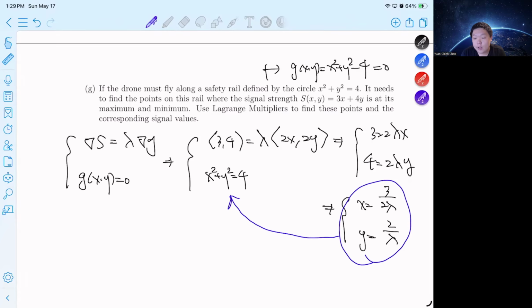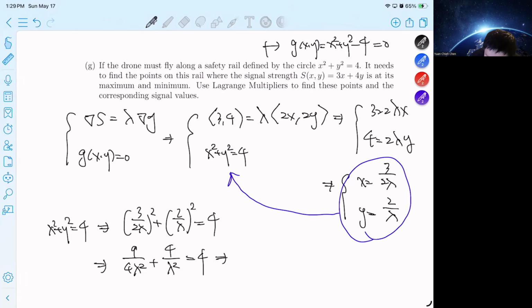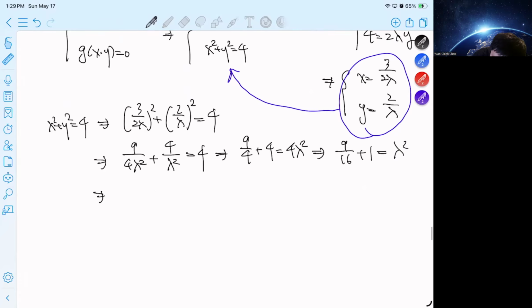Then x squared plus y squared equals 4 becomes 9 over 4 lambda squared plus 4 over lambda squared equals 4. Multiplying by lambda squared on both sides, 9 over 4 plus 4 equals 4 lambda squared. Dividing by 4, 9 over 16 plus 1 equals lambda squared. So finally, 25 over 16 is lambda squared.